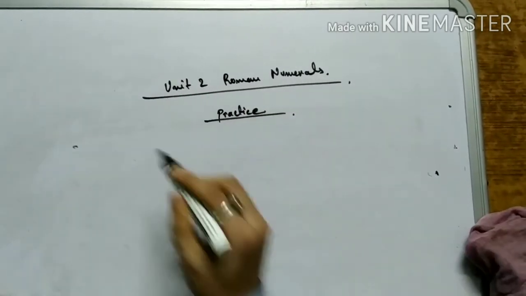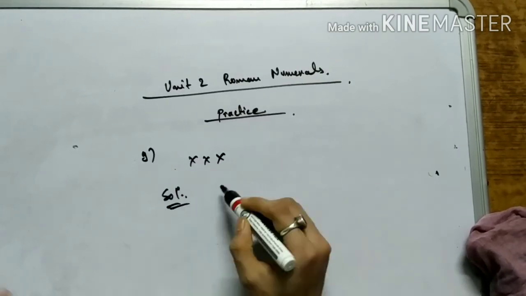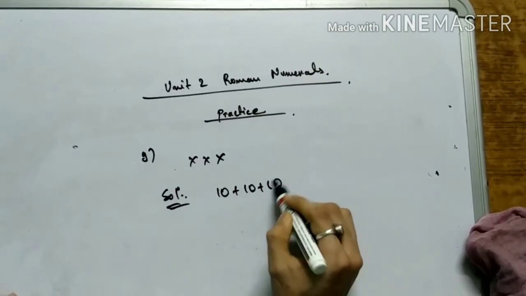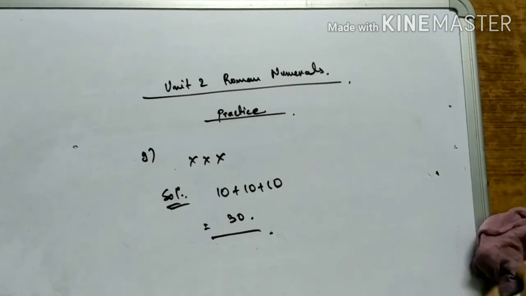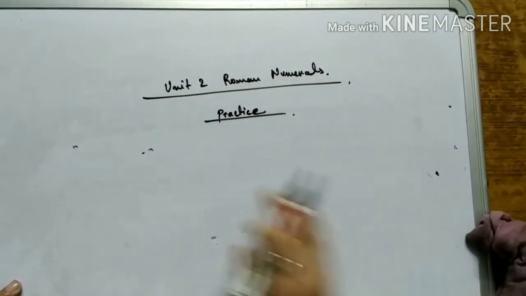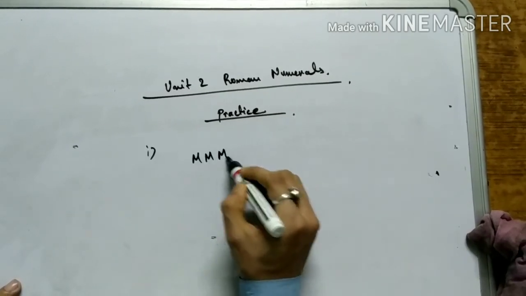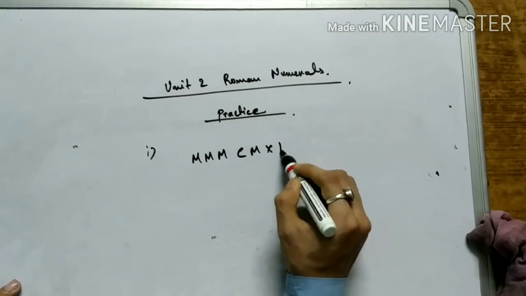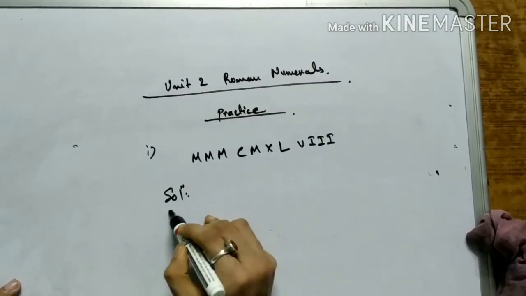And next it is number G, there is X, X, X. So this one we already know is 10 plus 10 plus 10, which is equal to 30. And I will show you number I. This is MMMCMXLVI.